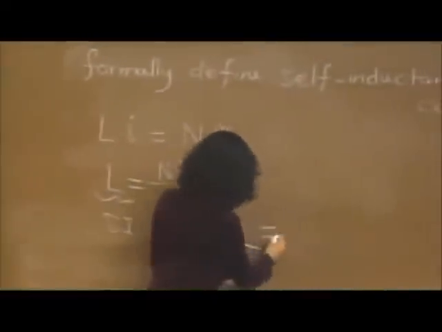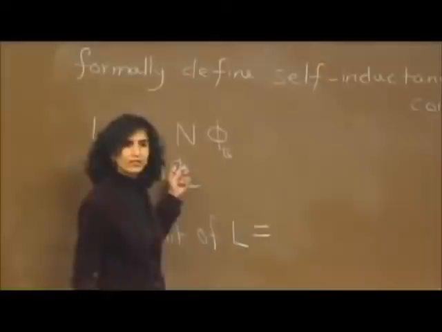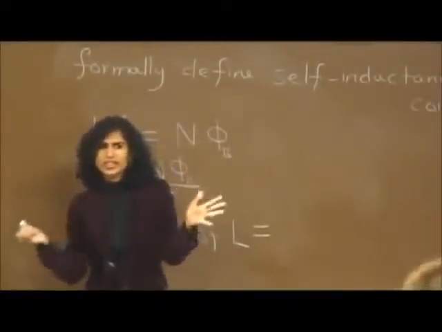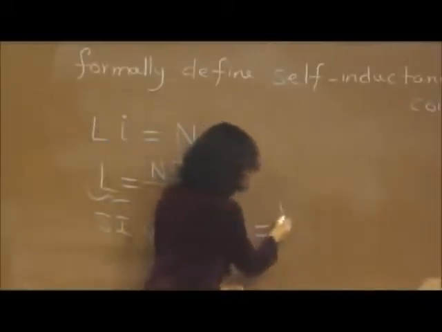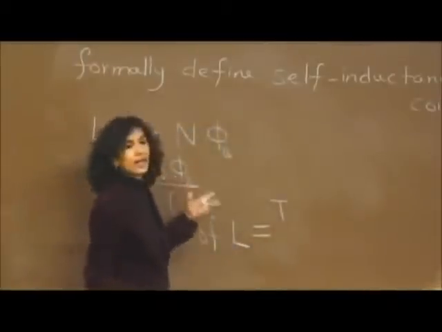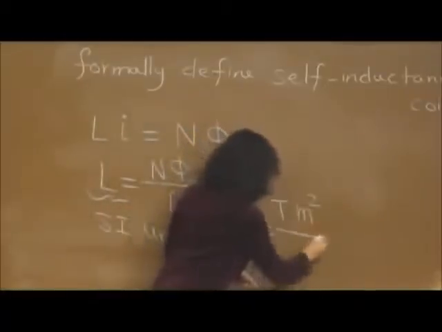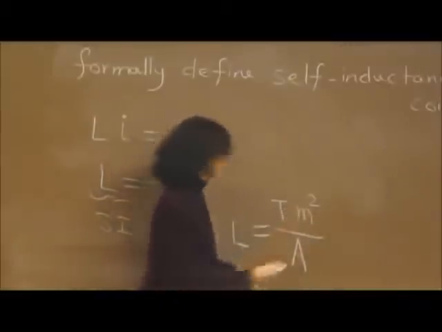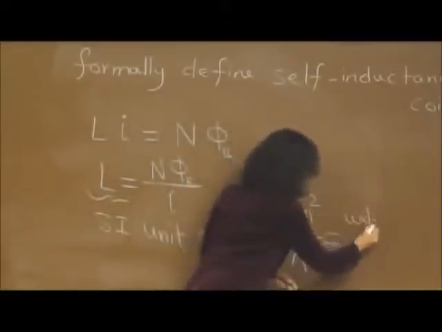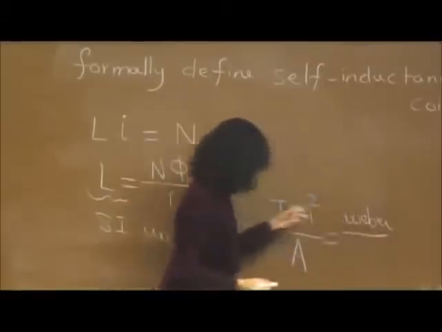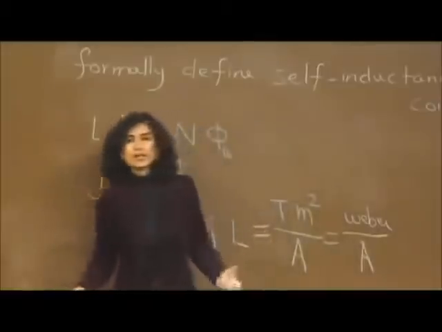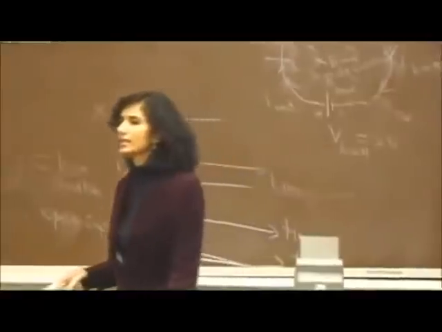It should be the unit of flux divided by the unit of current. Flux is magnitude of B times magnitude of A times cosine theta. Cosine theta does not have a unit. Magnitude of B is Tesla. Area is meter square, divided by the unit of current, which is ampere. Tesla times meter square is often given a shorter name: Weber. So Weber is a shorter name for Tesla times meter square, and Weber divided by ampere is also given a shorter name.